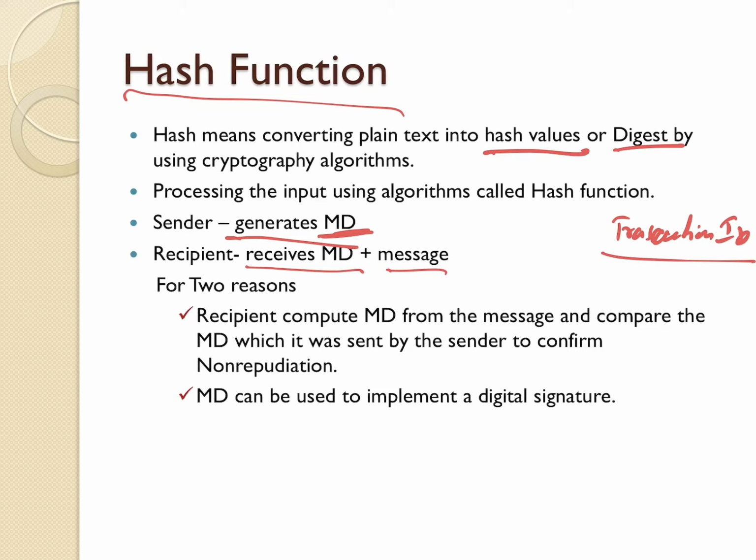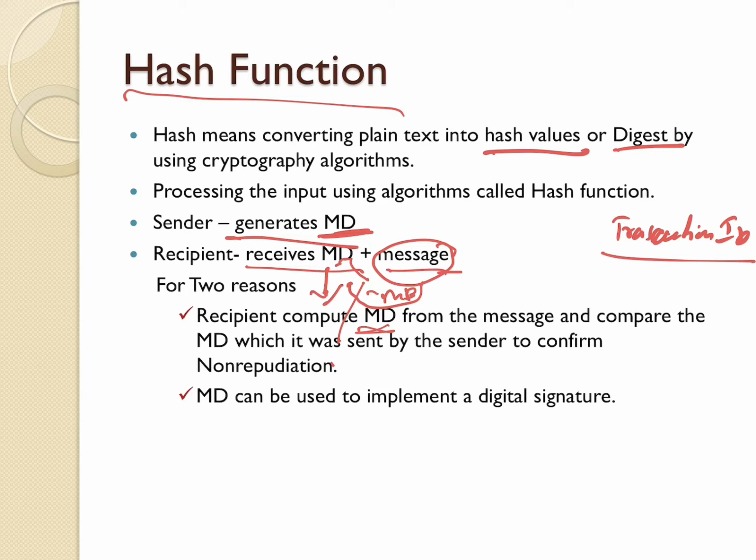The recipient receives the message digest along with that message, for two reasons. The recipient computes this MD from the message. He will keep the received message aside and try to retrieve the MD from this received message, and he will compare both MDs. If both MDs match, the recipient will keep the message.